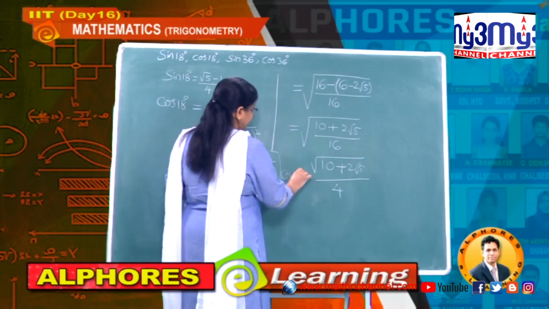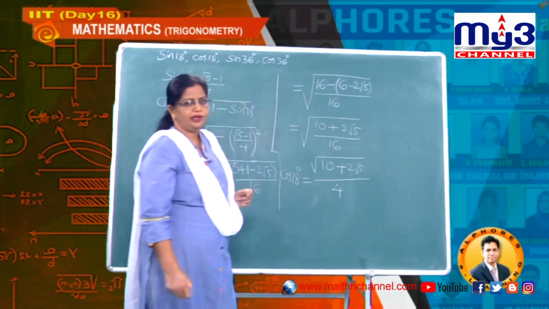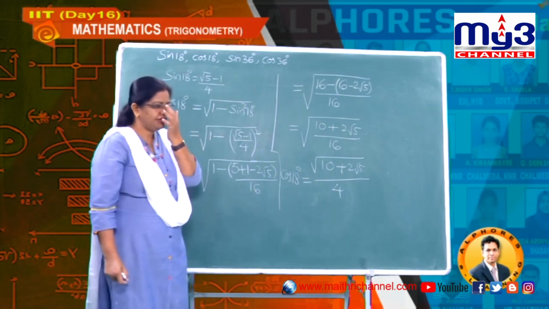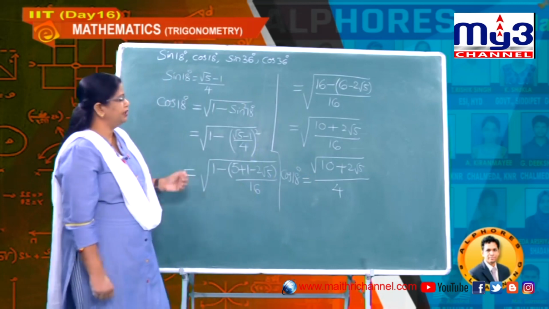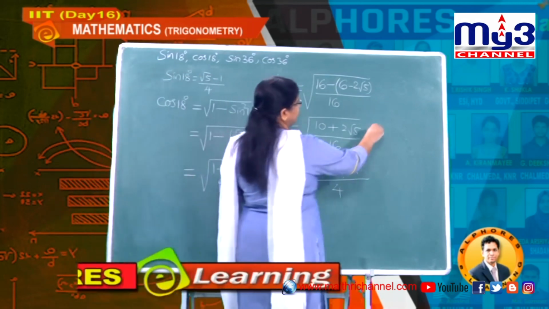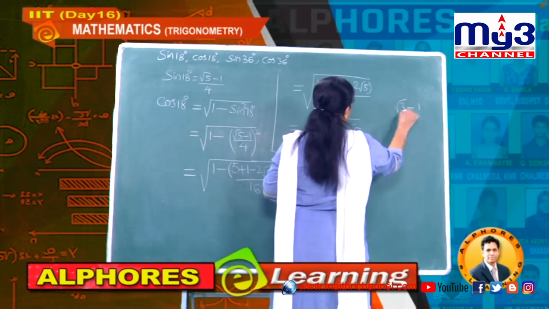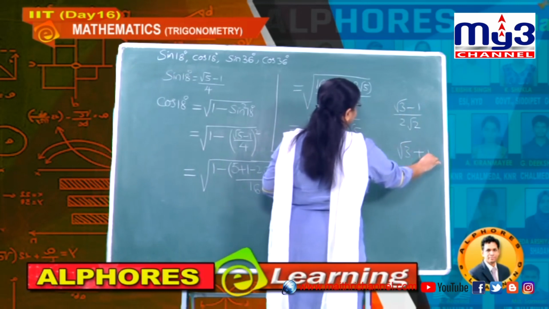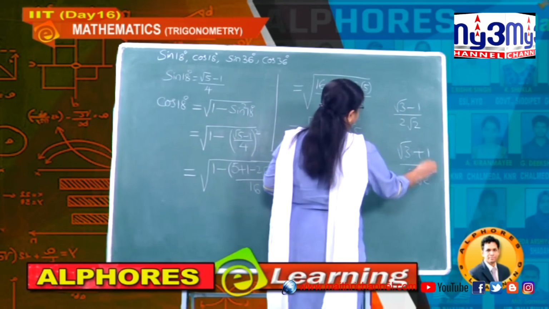Therefore, this is which value? Cos 18 degrees. Understand? And now you will get a doubt. While doing sin 15 and cos 15, we observed a similarity, that is, if sin 15 equals root 3 minus 1 divided by 2 root 2, immediately you got cos 15 as root 3 plus 1 divided by 2 root 2. Understand student?